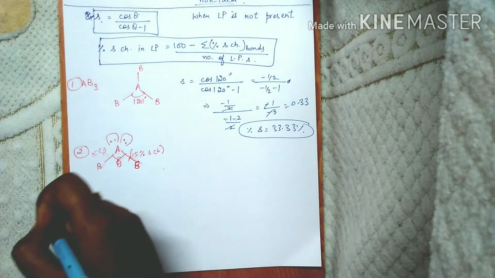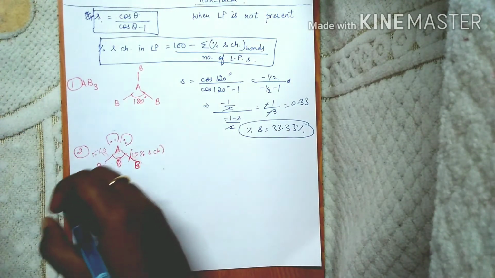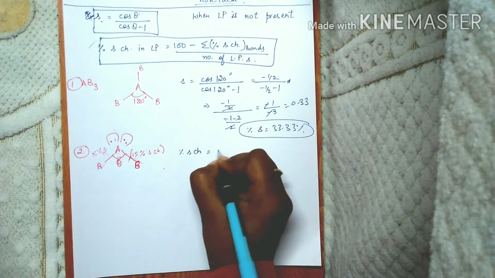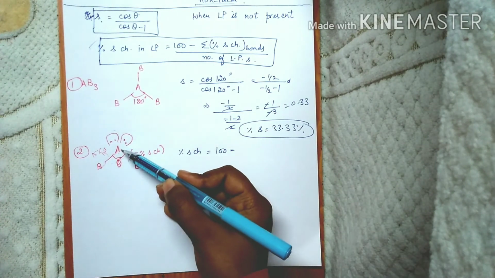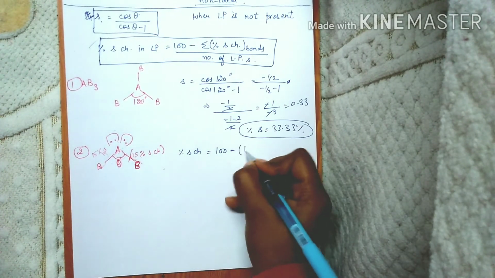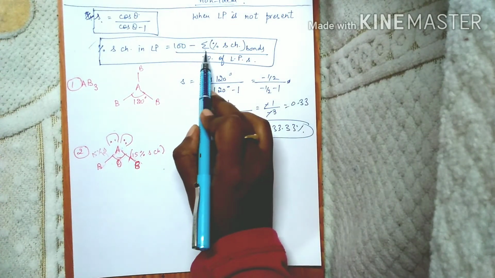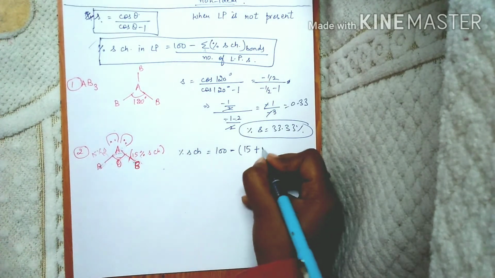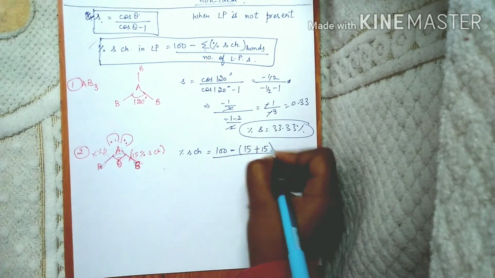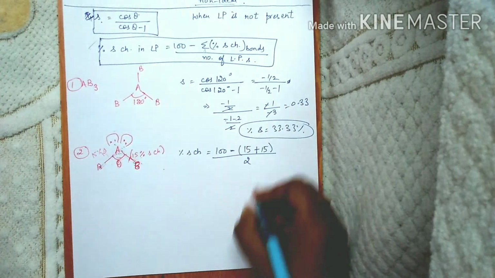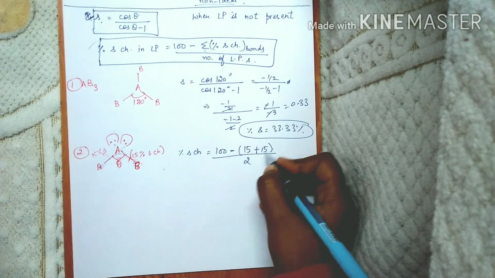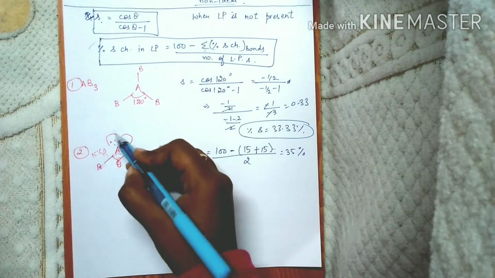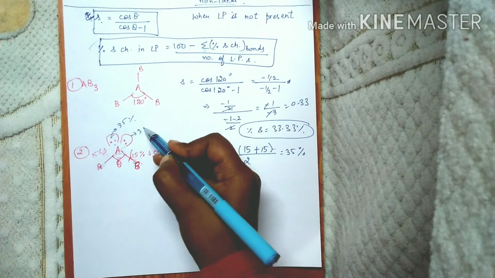So how to calculate percentage S character in these lone pairs? We'll apply this formula. Percentage S character will be equal to 100 minus the sum of 15% and 15%, upon the number of lone pairs, which is two. After solving, 100 minus 30 is 70, 70 by 2 is 35%. Each lone pair will have 35% S character.